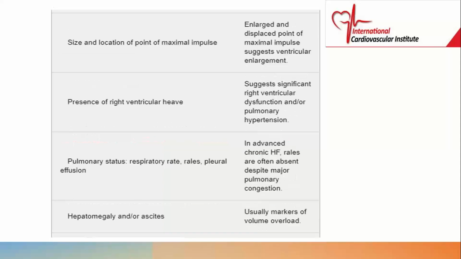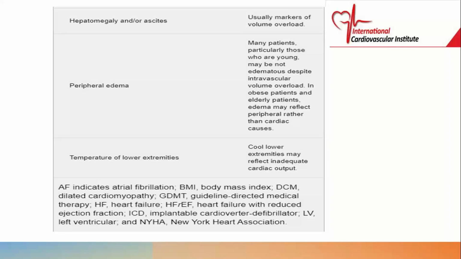So the important thing here is good history and a good physical examination. As a matter of fact, if you can do a good history and physical examination, you can diagnose heart failure in probably 95% of the cases. Look for evidence of hepatomegaly if they have had heart failure for a little time. It's another sign of volume overload.